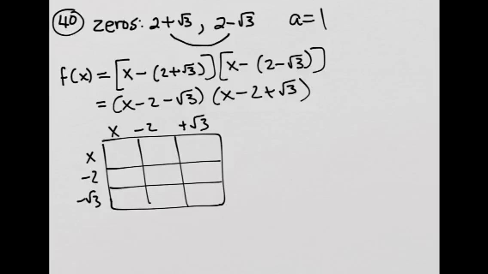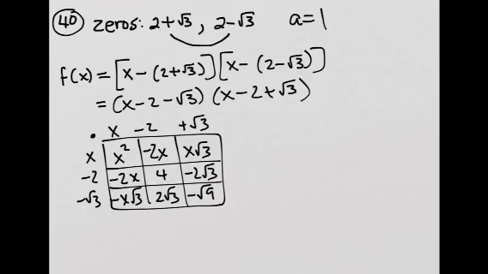So and then it's a multiplication chart, so it's going to be x squared, negative 2x, x radical 3, minus 2x, 4, minus 2 radical 3, minus x radical 3, 2 radical 3, and minus radical 9.